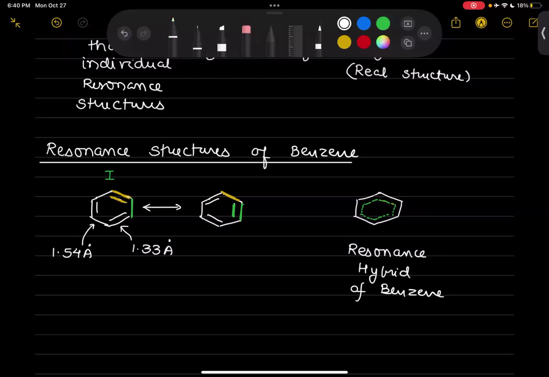Because with the joining of these double bonds, the electrons can move throughout the ring in a circular manner. So I represent these partial bonds like this. And how do you know whether this is just an imaginary concept or really happening? The resonance hybrid is the real molecule, the real structure which exists, while the resonance structures are imaginary.